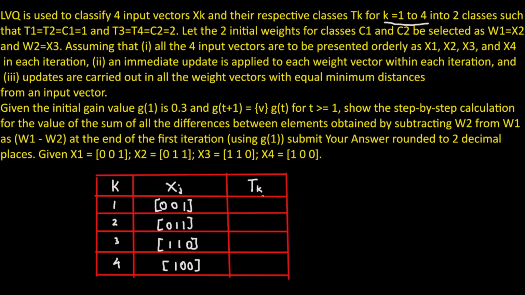And for tk, they have mentioned that the first and second are 1, so these two are 1, and the third and fourth are 2.